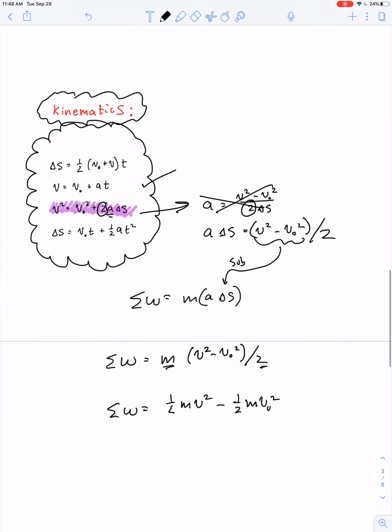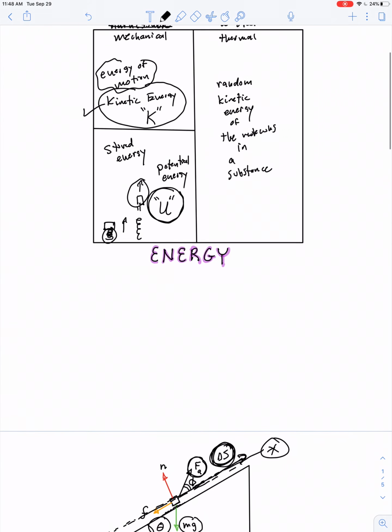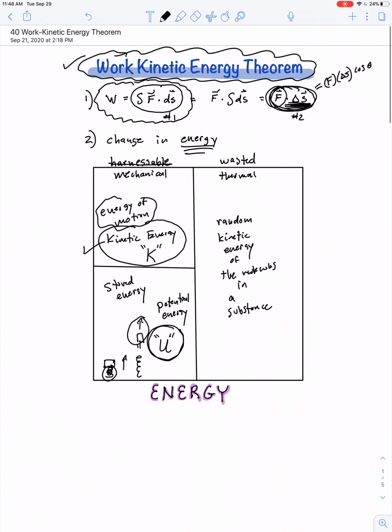Now I want to back up to this conversation about different forms of energy and remind you that one of our goals was to come up with a formula that we can use to define kinetic energy. Well, because kinetic energy is energy of motion, it certainly should be a function of the speed of an object. Things that move slowly have less kinetic energy. Things that move quickly have more kinetic energy.